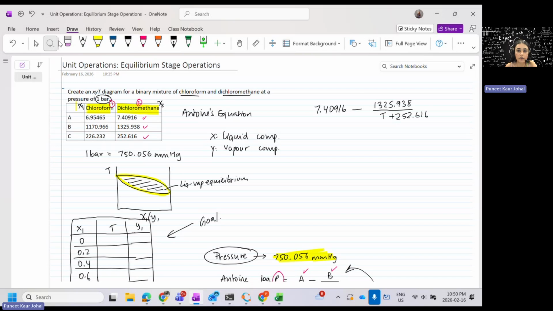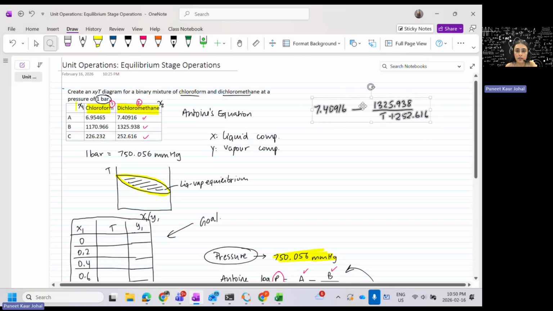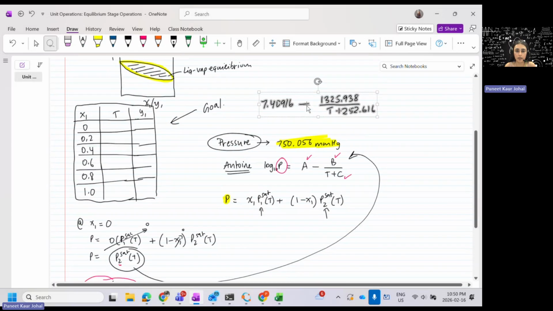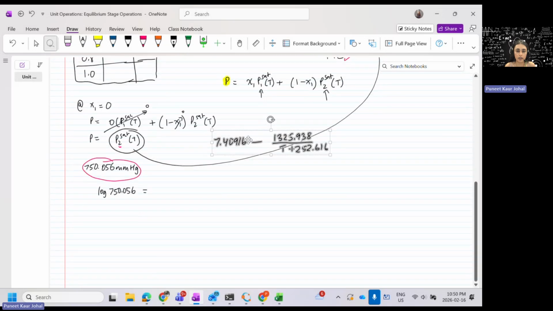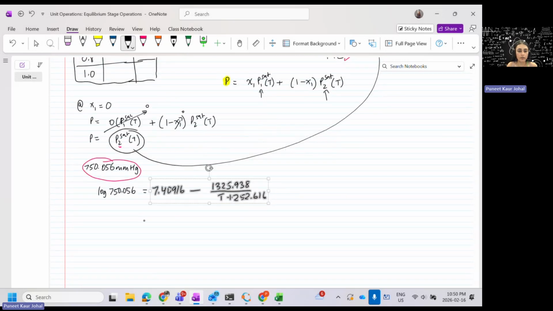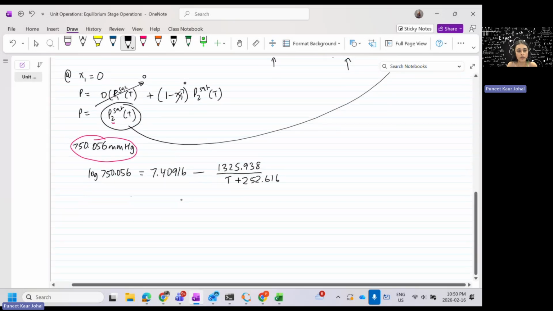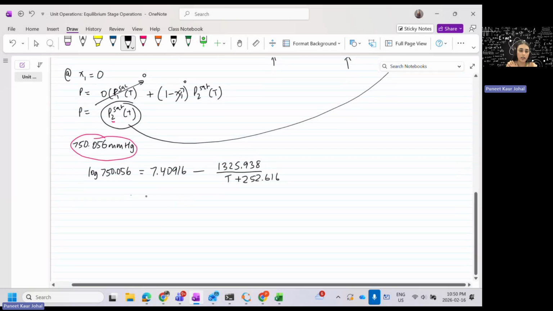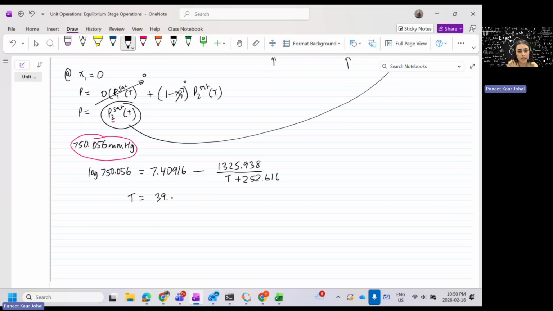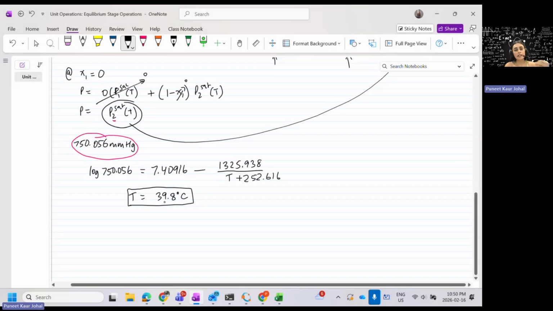This becomes a really easy equation for us to solve because there's only one unknown. And the temperature that I got here was about 39.8 degrees Celsius, close to that. That's easy for us to figure out because there was just one unknown.